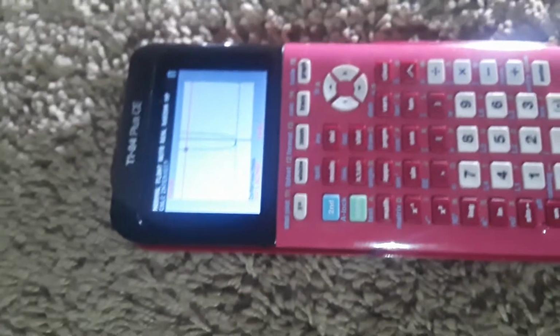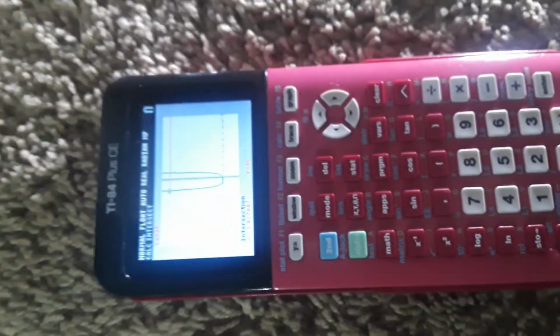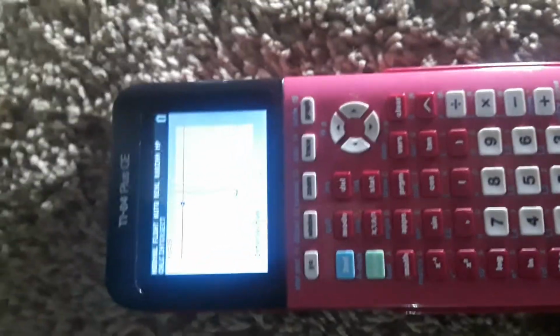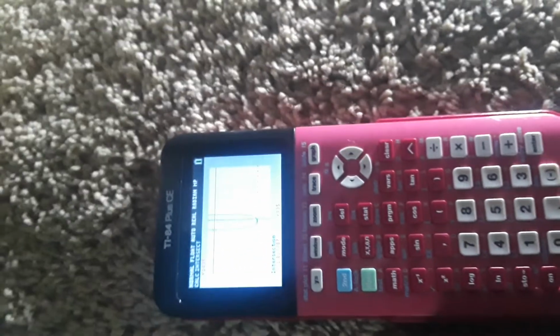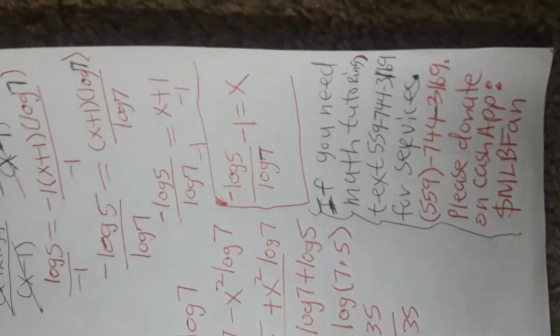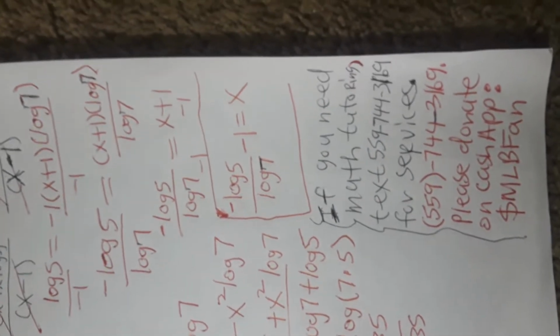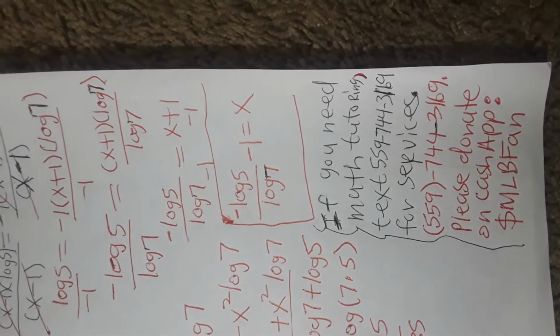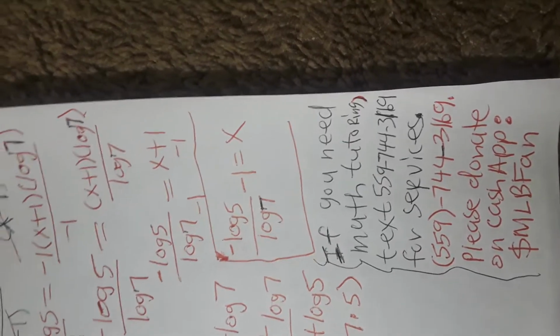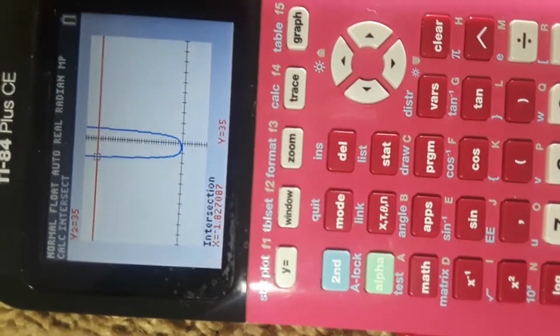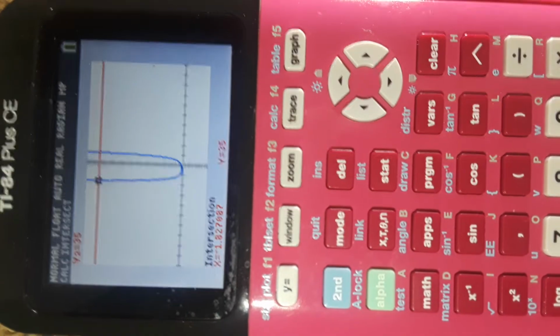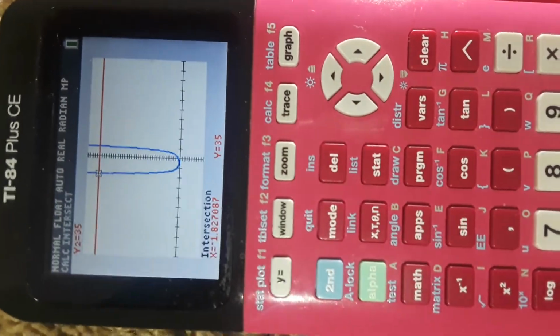Now, let's take a look at the solutions from the previous video here. Now, negative log 5 divided by log 7 minus 1 is equivalent to negative 1.827087.